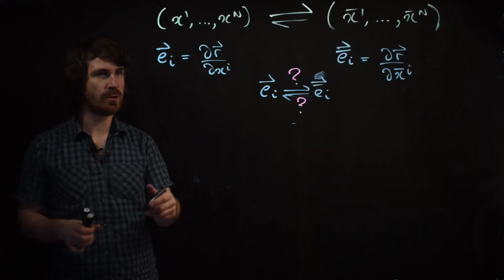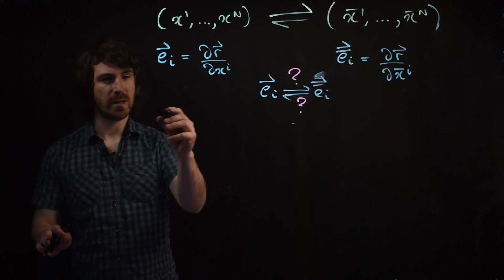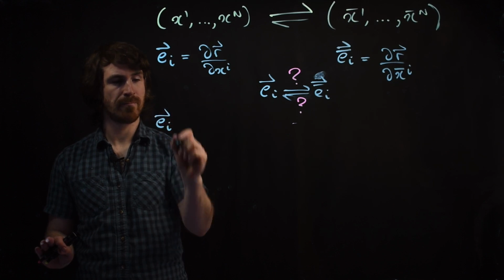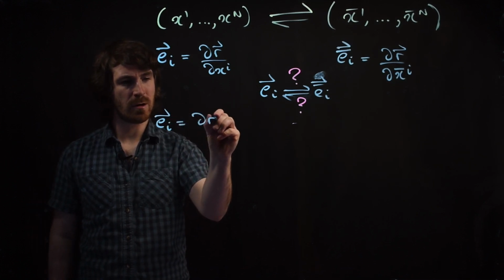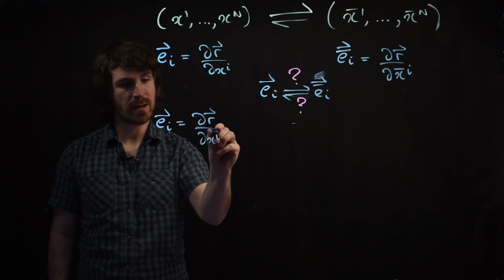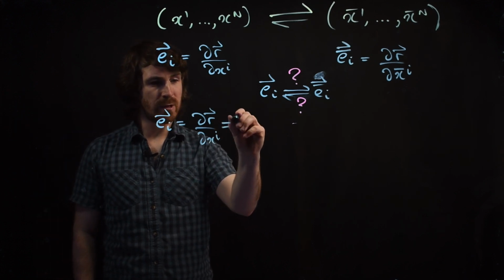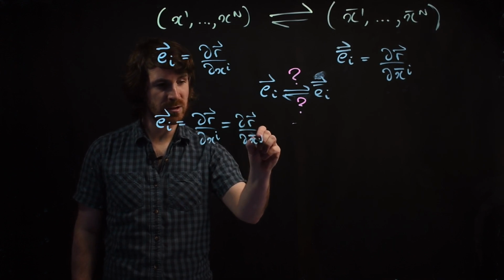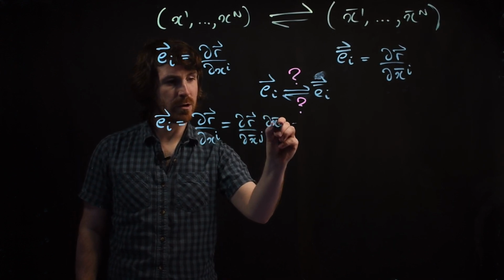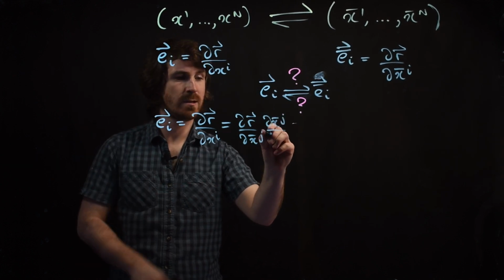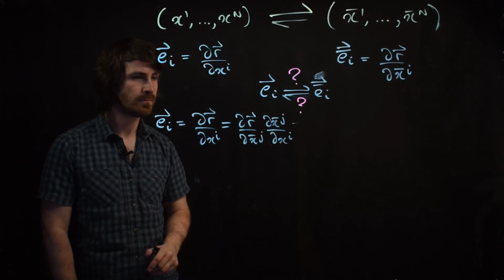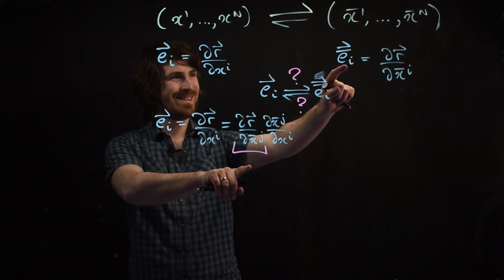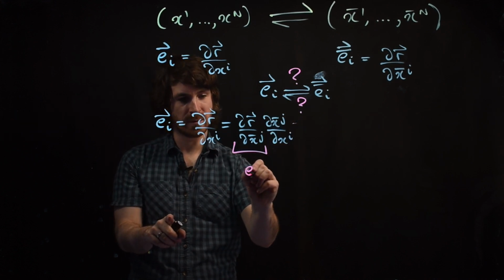It's quite straightforward. We just have to invoke the chain rule. Let's work on the left-hand side. E sub i is equal to dr by dx i. Using the chain rule, we can write this as dr by dx bar j, times dx bar j by dx i. This first factor is exactly e j bar.